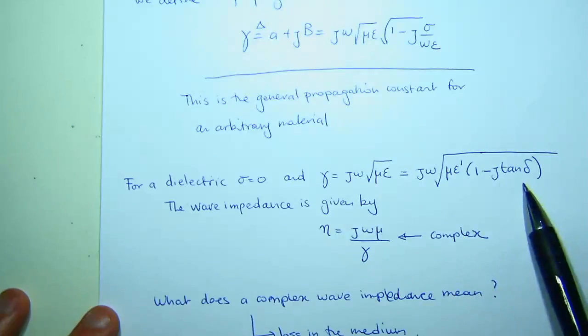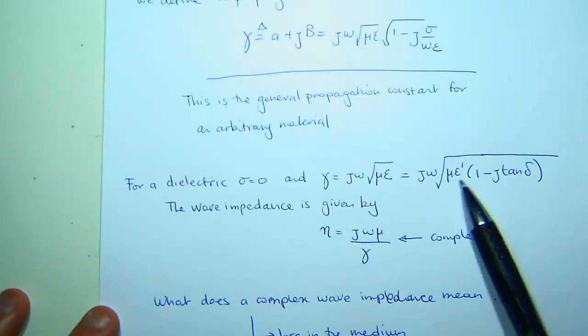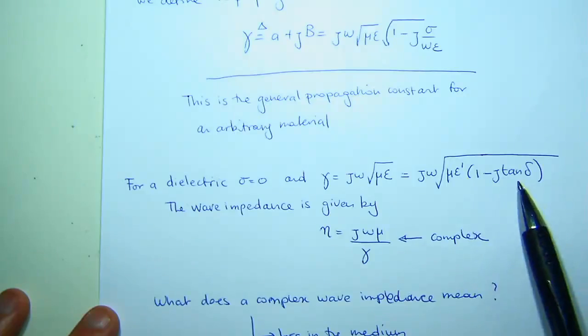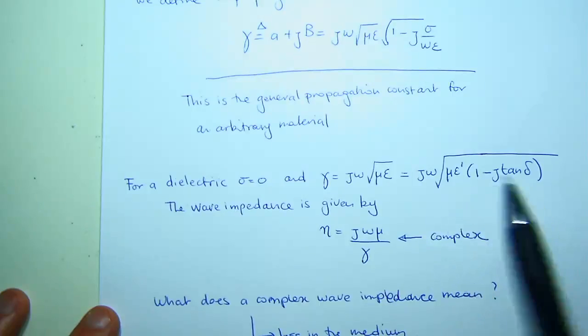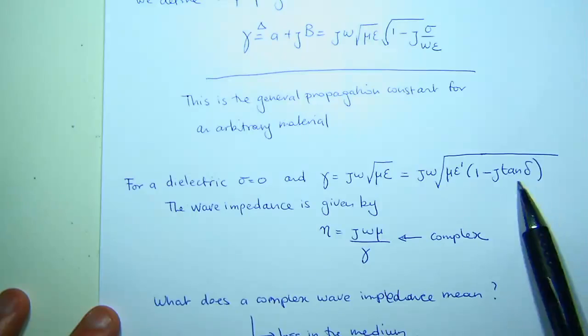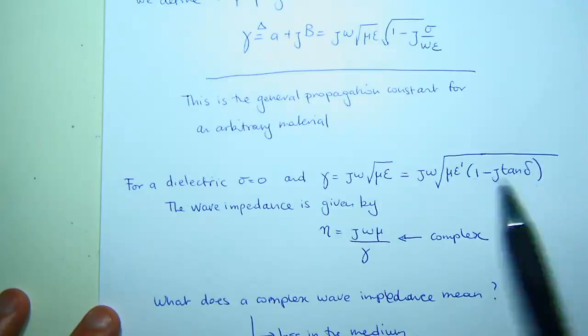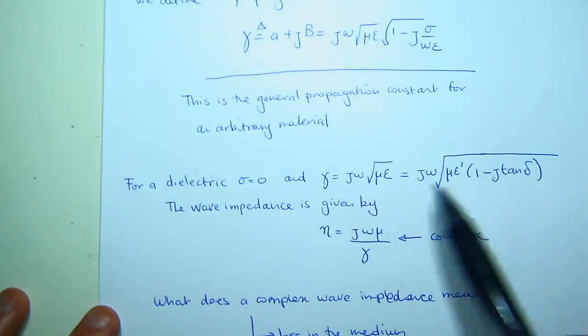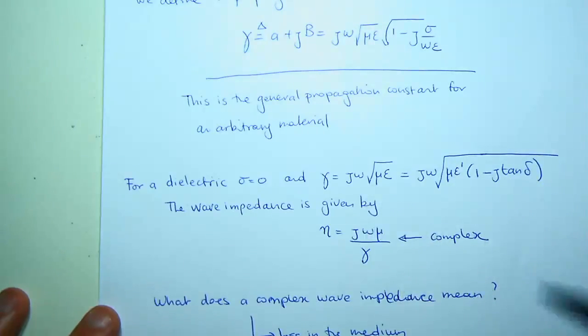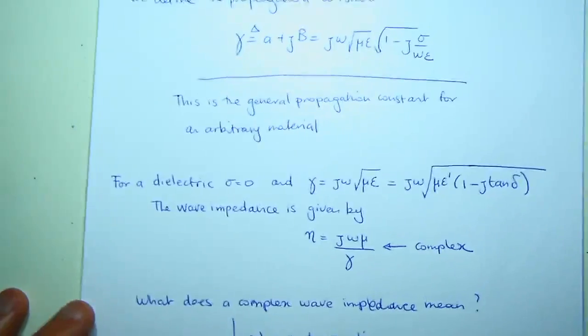We can also rewrite this in terms of relative permittivity and the loss tangent, right? And in this particular case, the loss tangent is telling us how fast that signal decays in that medium.